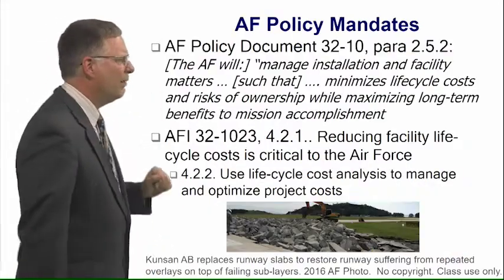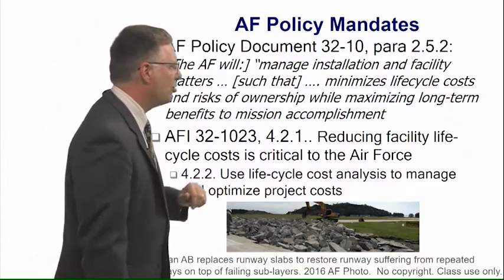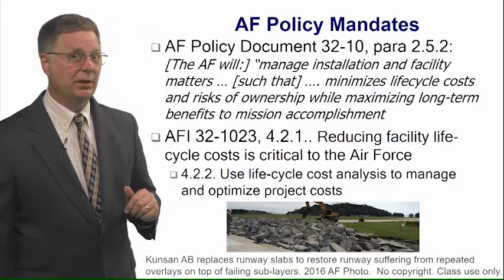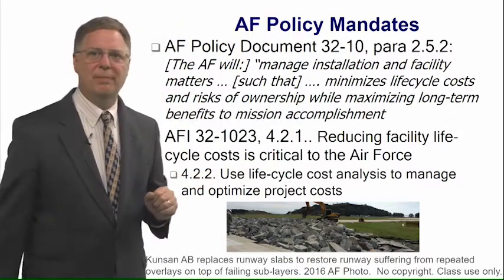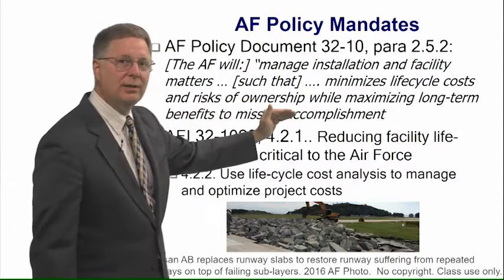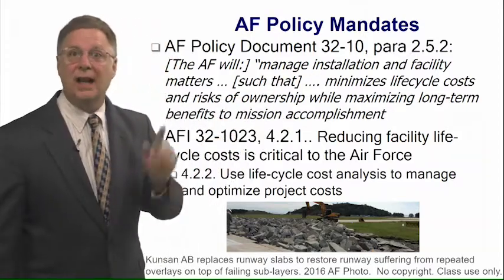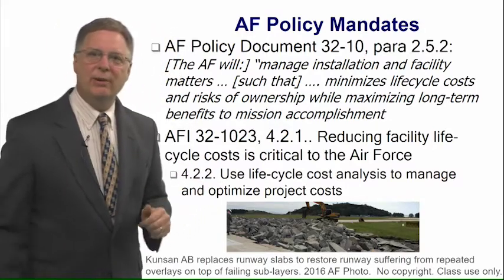But then we go into the Air Force policy document 3210 that states when we manage infrastructure, installation and facility matters, we're going to minimize life cycle costs and risks of ownership, maximizing long-term benefits to mission. In other words, we're going to meet the mission at the cheapest cost, life cycle. So it gets down to Air Force Instruction 32-1023. How are we going to implement this?